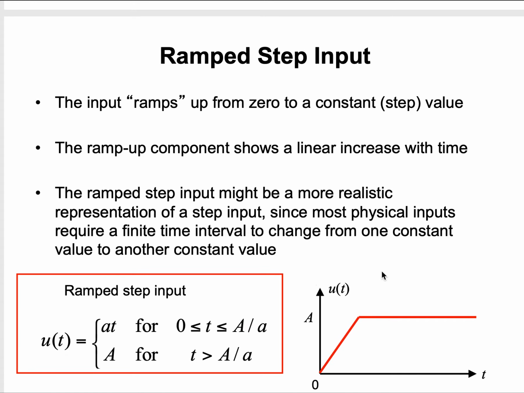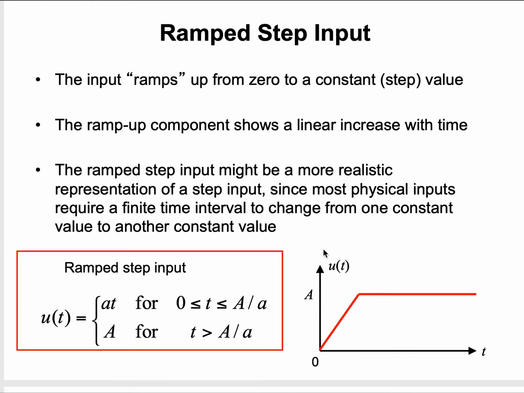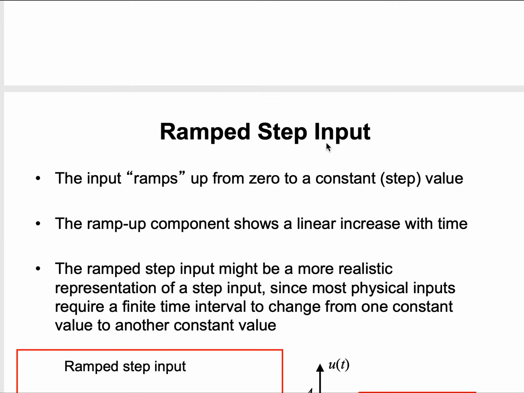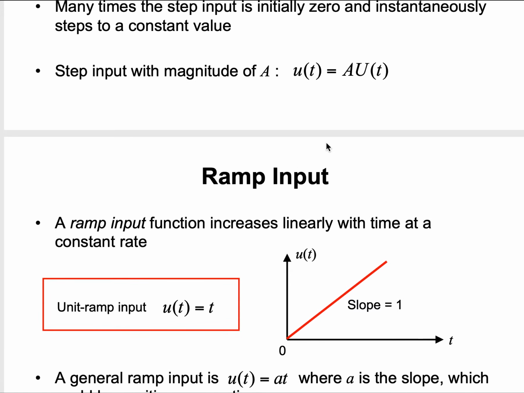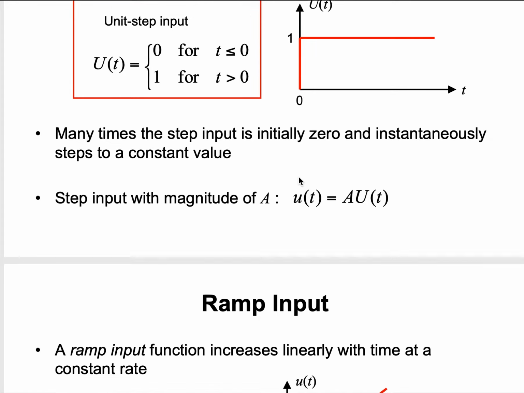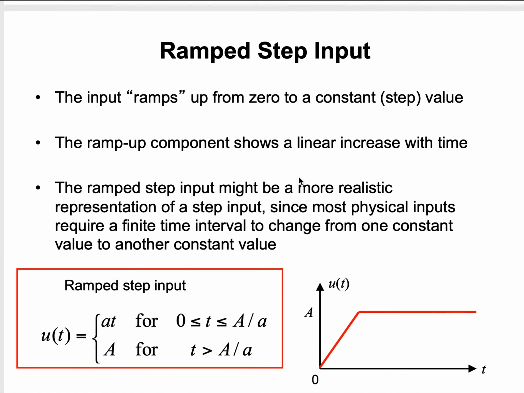Ramped step input, actually, most of the time in practical situations we have that kind of an input, because you cannot suddenly increase something at 0 time from 0 to 1. It must be gradual, though that gradual increase time may be very small. It is closer to that kind of input, a ramp step input.